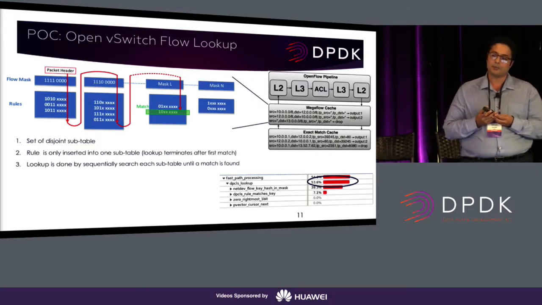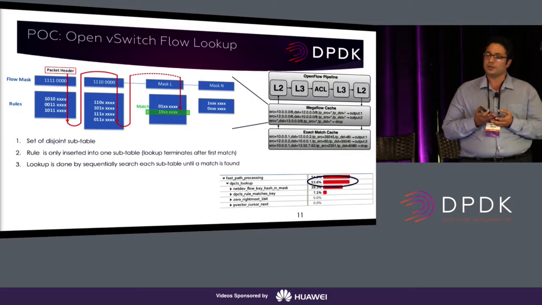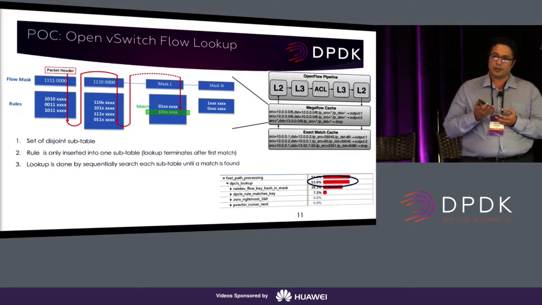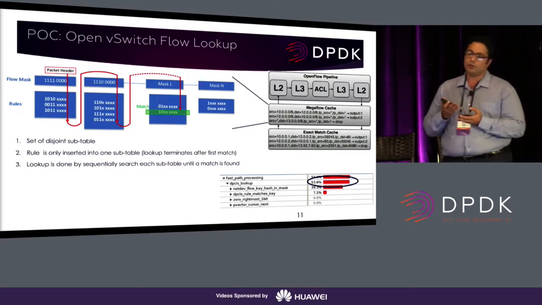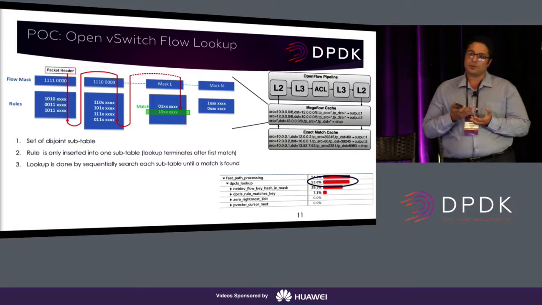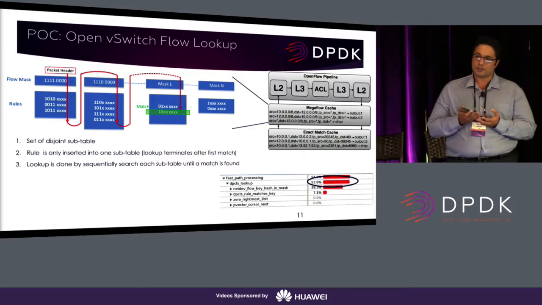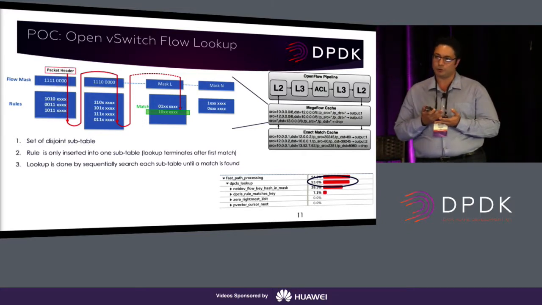The megaflow cache is composed of multiple subtables. If you are doing flow classification, the packet header will try to find the match in the first subtable. If you miss, you will go into the second subtable, and so on. So it will do a sequential search of subtables until you find the match. And when you find the match, you will return because the key is inserted only into one subtable.